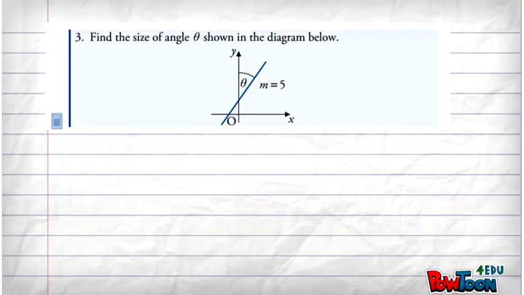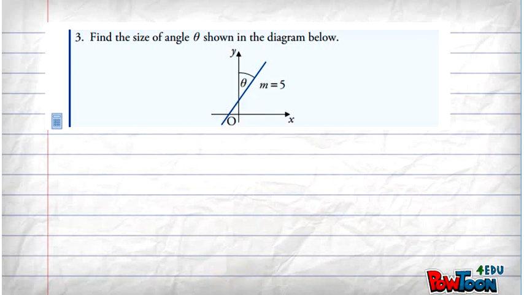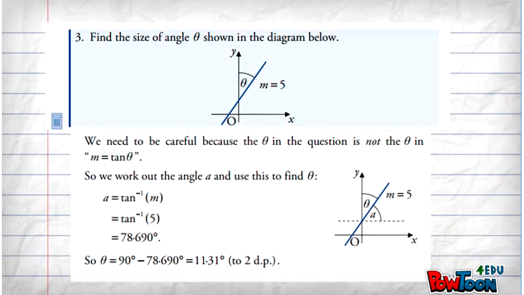Now, here's another example to try. Find the size of the angle theta shown in the diagram below. So try that one. And here's the answer. As it says here, we need to be careful because that theta isn't the theta of m equals tan theta.